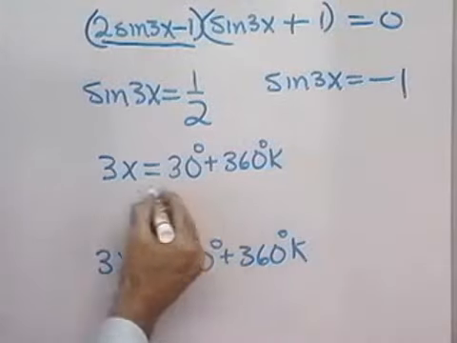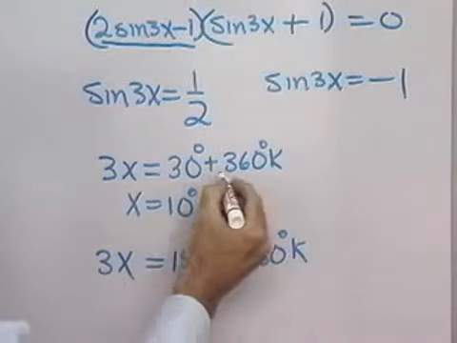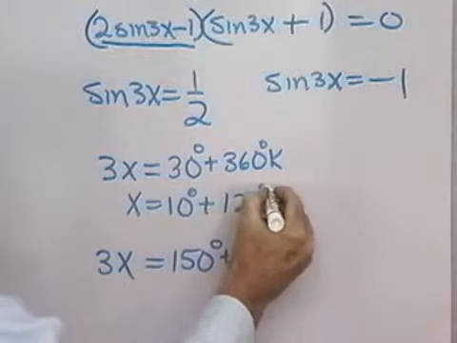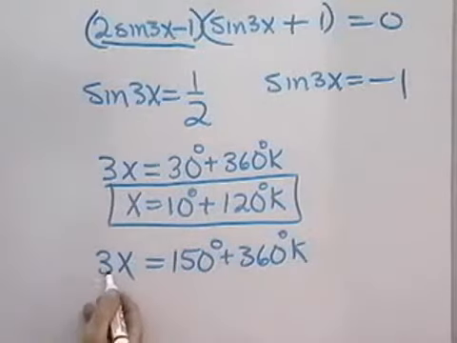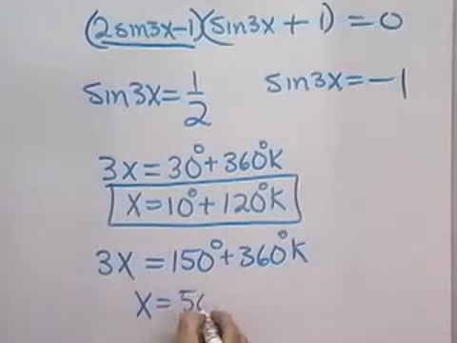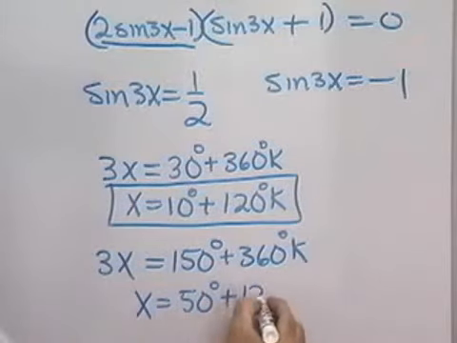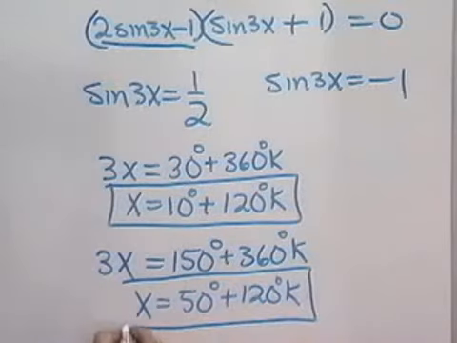Divide both sides by 3 here. I have x is equal to 10 degrees plus 120 degrees times k. There's one set of solutions. Divide both sides here by 3, and I end up with x is equal to 50 degrees plus 120 degrees times k. There's a next set of solutions.